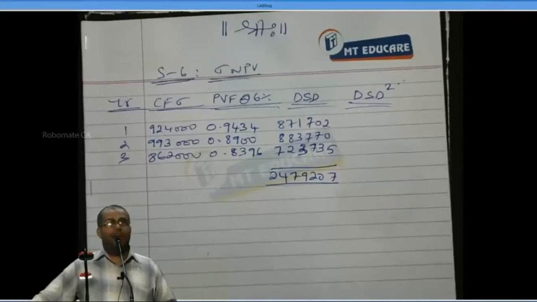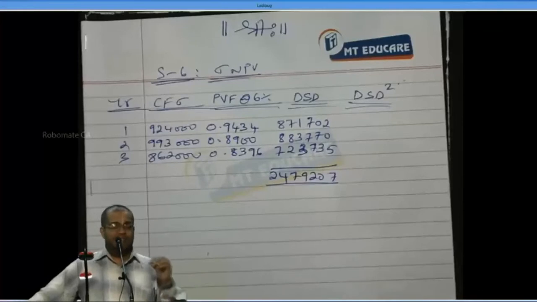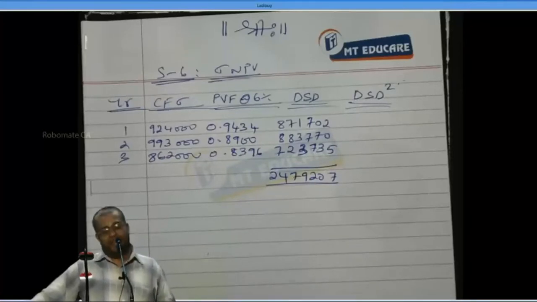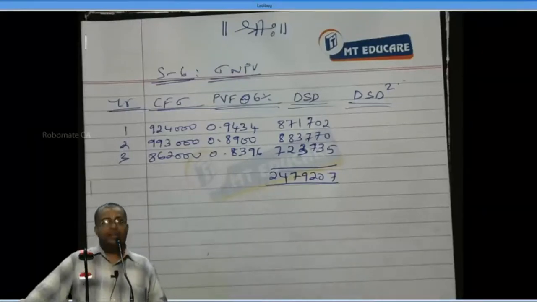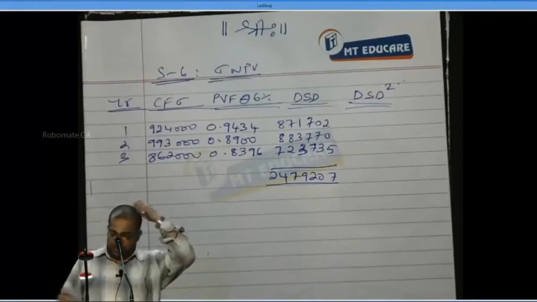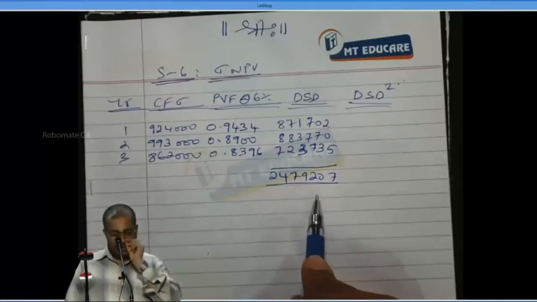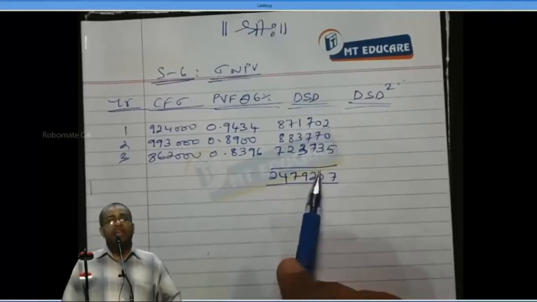If the cash flows are dependent over time, that is correlated, then the standard deviation of NPV is the discounted standard deviation, which is equal to how much? 24,79,207.